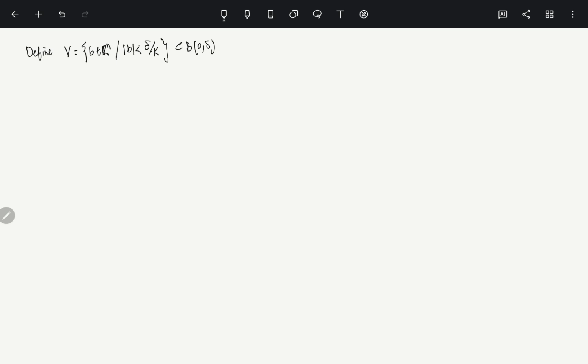Why? Because you can see that |b| is less than delta by K, which is again contained in the delta radius ball.